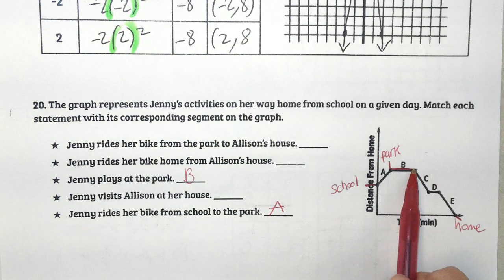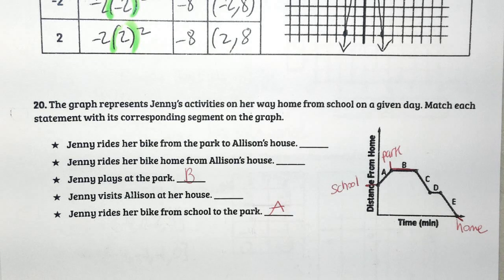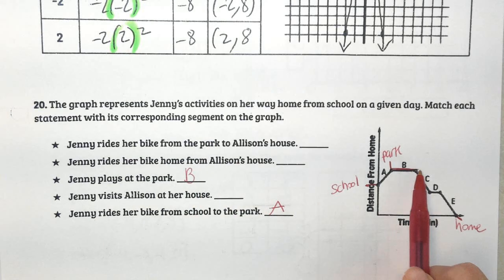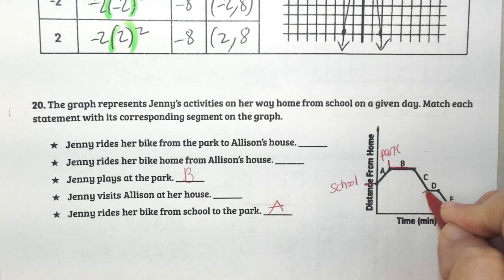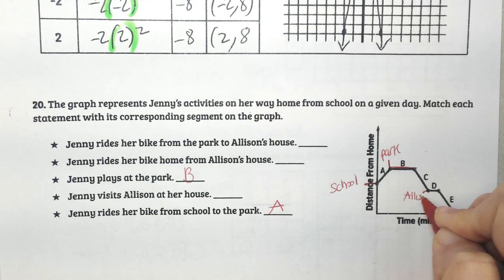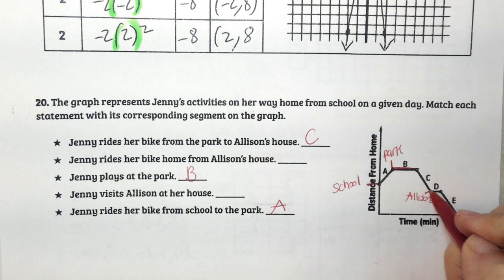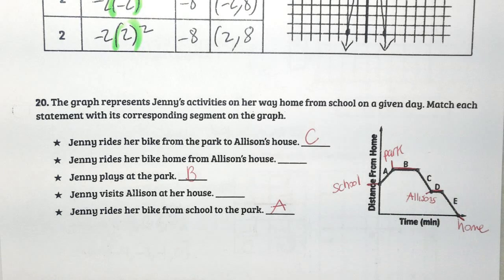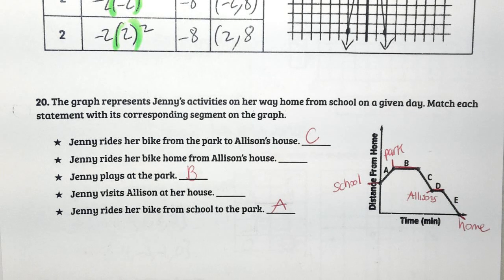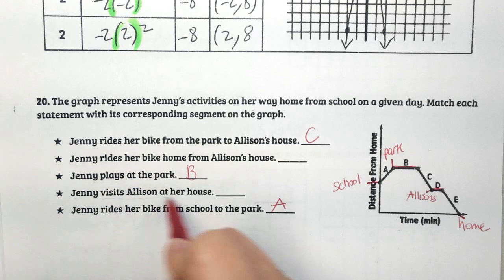Then, what's the next statement? She goes from the park to, yeah, here it says park to Allison's house. So right here it must be Allison's. So that was C. After that, we have another horizontal line. So which one should that be? She visits Allison at her house.